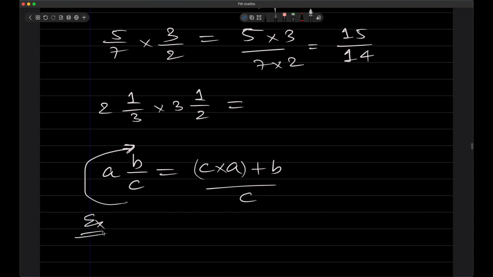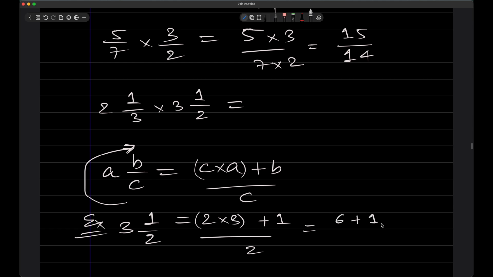Let's take one example, that is 3 whole 1 by 2. What we will do is 2 into 3 plus 1 divided by 2, that is equals to 3 twos are 6 plus 1 by 2, that is equals to 7 by 2.